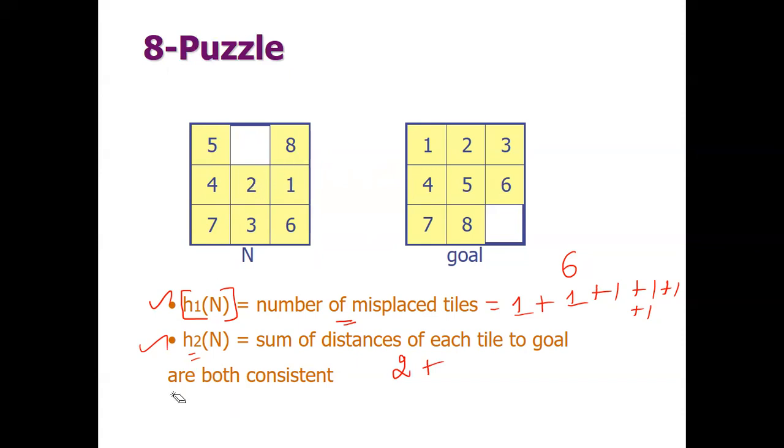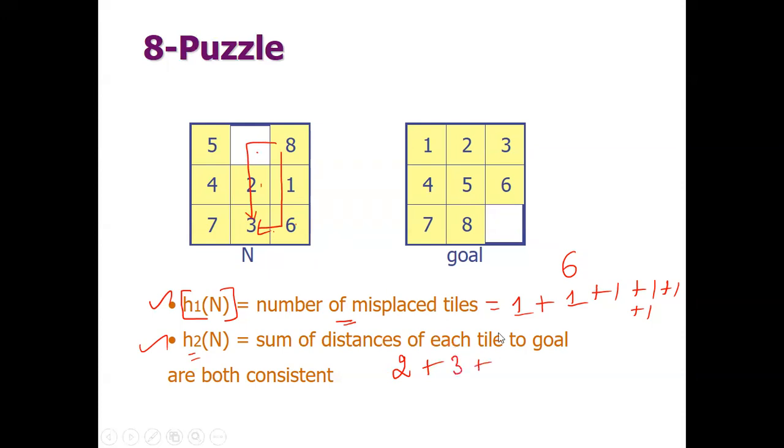Similarly, we have to calculate for 8. How far is 8 from its location? If you see, 1, 2, 3, either you can come this way or you can take this way. If you take this way also, it is 1, 2, 3. So it is 3.